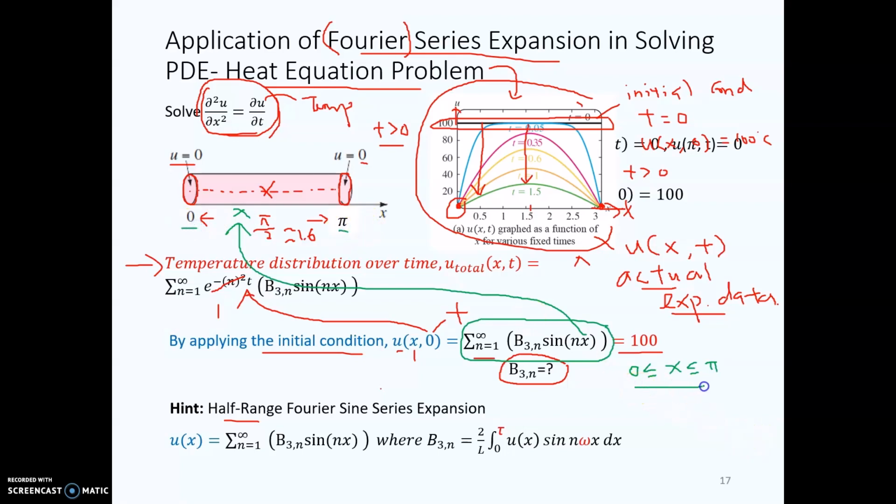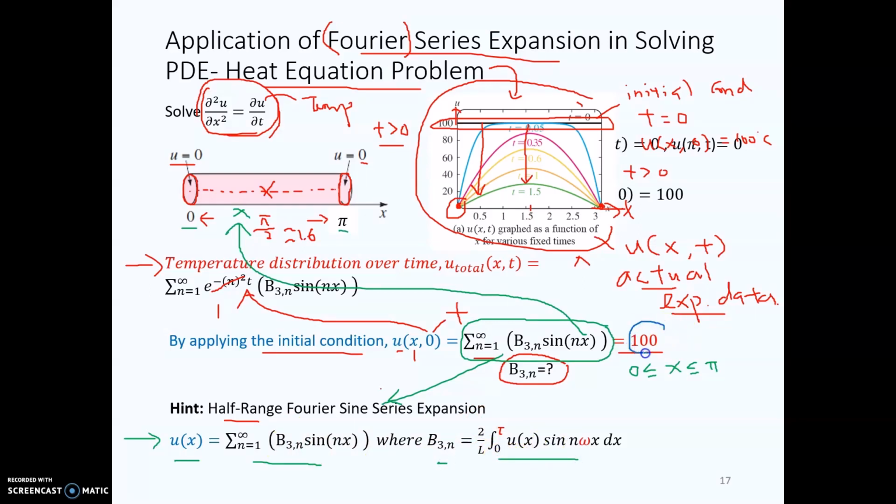So this is the range for the x value. Then you should be able to link to the half-range Fourier sine series expansion formula that you have learned previously. In this formula, when you have a function which is equal to the summation of the sine term, then the coefficient here will be equal to this formula.